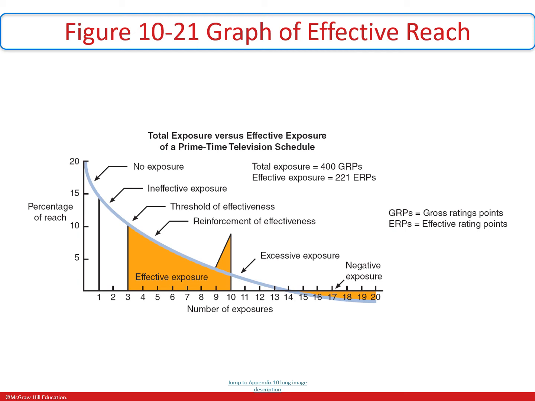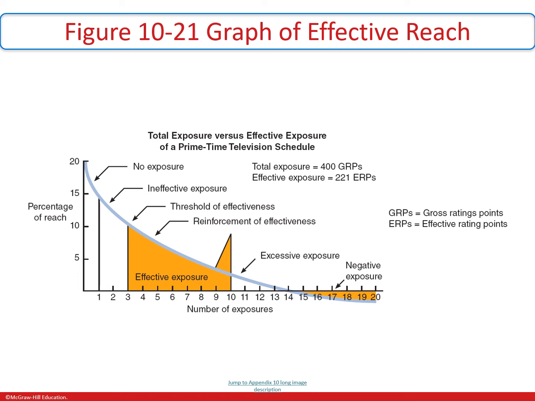Note here, however, that instead of focusing on increasing the number of media or exposures, new persons, they are focusing on number of exposures to achieve that effective reach. But there's a point beyond which it no longer makes sense. So you have no exposure, ineffective exposure, the threshold of effectiveness.